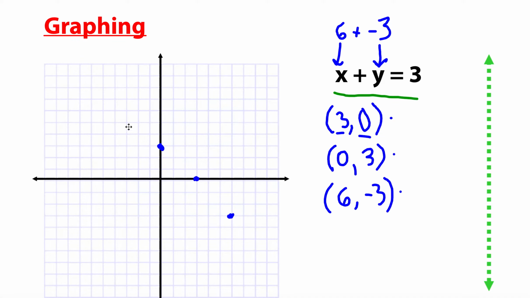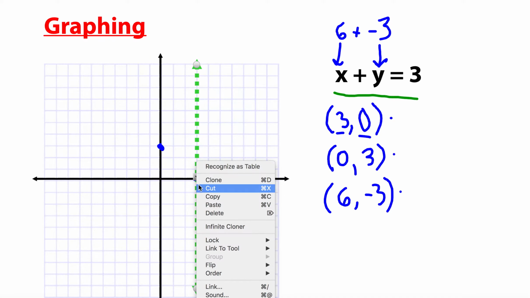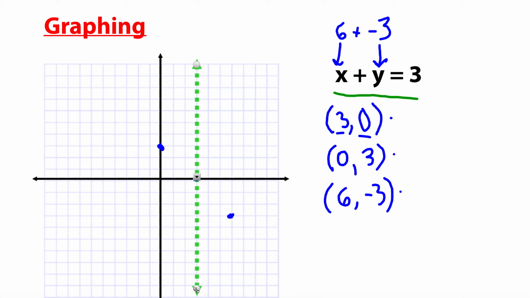So I could actually draw a line through these 3 points, and I'm going to use this one right here. See if I can get this to work. Okay, and then what if I need to rotate it? Can I do that? Maybe. Okay, kind of. Let's get this in the right spot here.